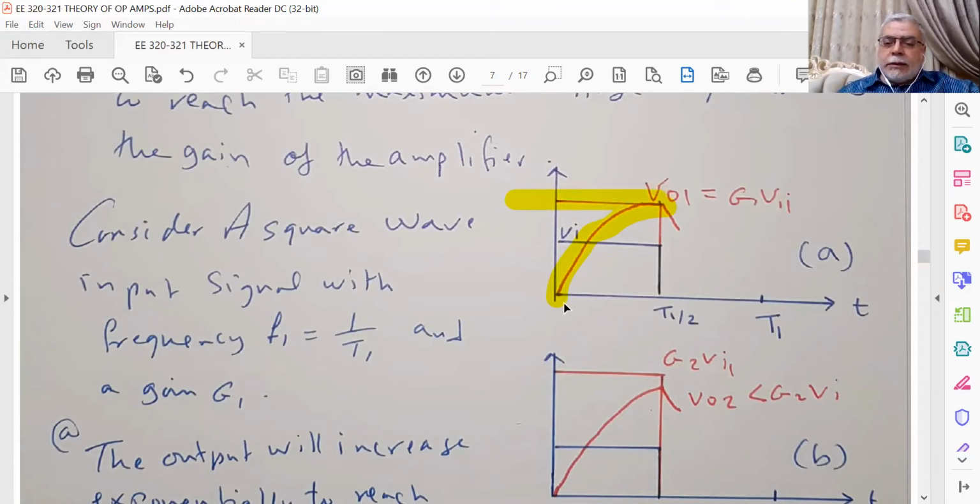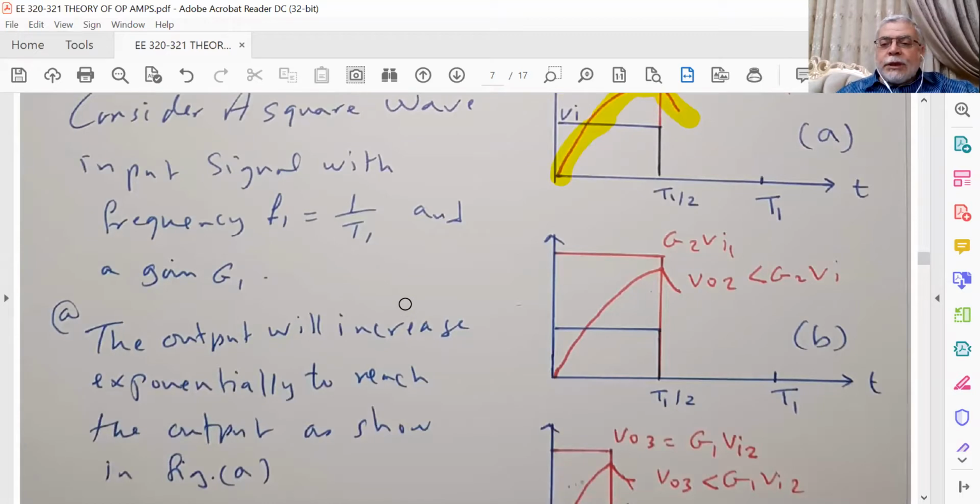Due to slew rate, the output will vary exponentially, so we will get a certain output like this. We reach the maximum, and then it will decrease like this. So this is the signal for a certain period or frequency, a certain gain, and a certain amplitude.